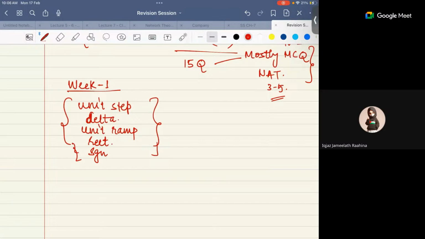At least these basics you must be knowing: how you represent the step function, delta, ramp, rect function or signum function.